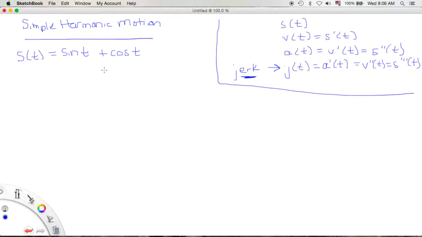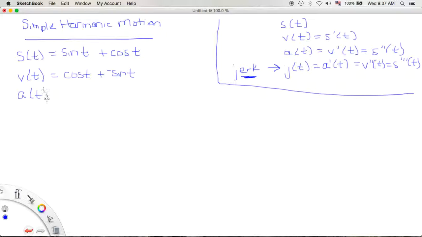Sine and cosine are periodic functions, so that means that this is a periodic function, and that means it's simple harmonic motion. Now, what does that mean for the velocity? Well, the velocity then is the derivative. So the derivative of sine is cosine, and the derivative of cosine is negative sine. So we have our velocity function for this.